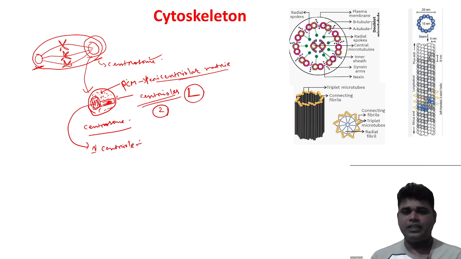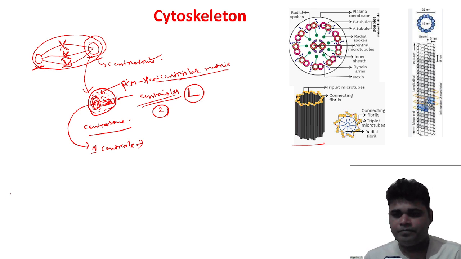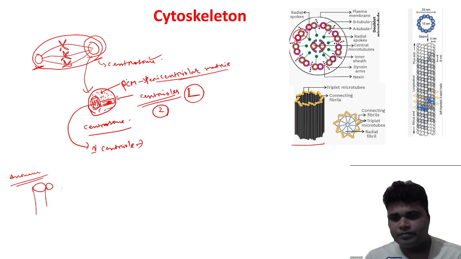So in the centriole, the structure looks like this. Just imagine. So that means in the axoneme, two structures are present like this here. For example, this structure means one tube, and it is joined to another tube. If we take a cross section, it looks like this.